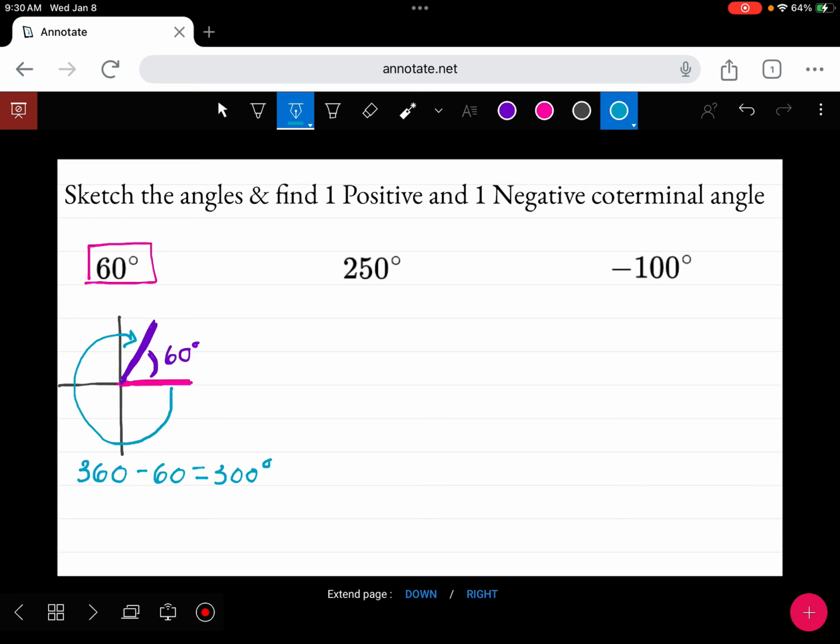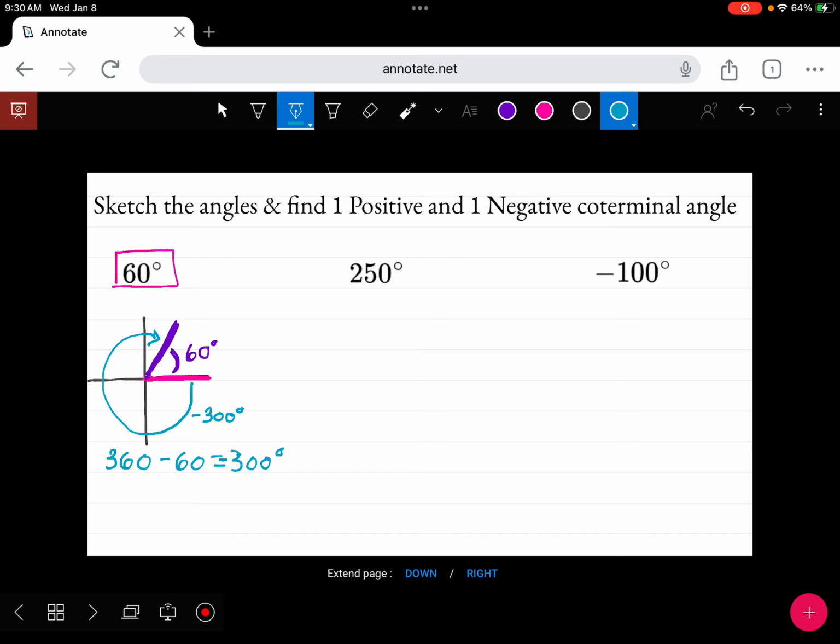We went the wrong way around the circle. So this is negative 300. So this angle is negative 300. Negative 300 degrees and 60 degrees are the same angle. It doesn't matter which direction we go. So to find negatives, we're going to be subtracting it.